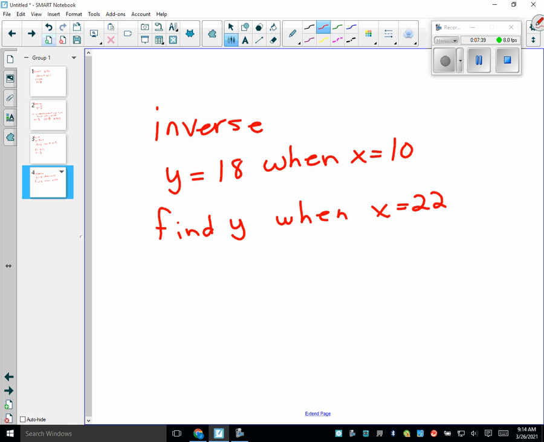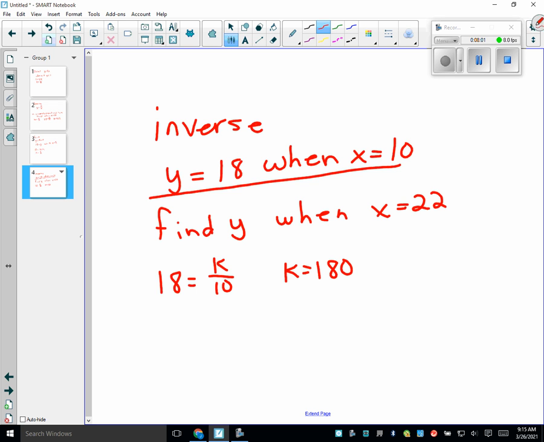So I have to take this one and solve for k. So does 18 equal k over 10? 180. So k is 180. And you multiply by, or divide by.